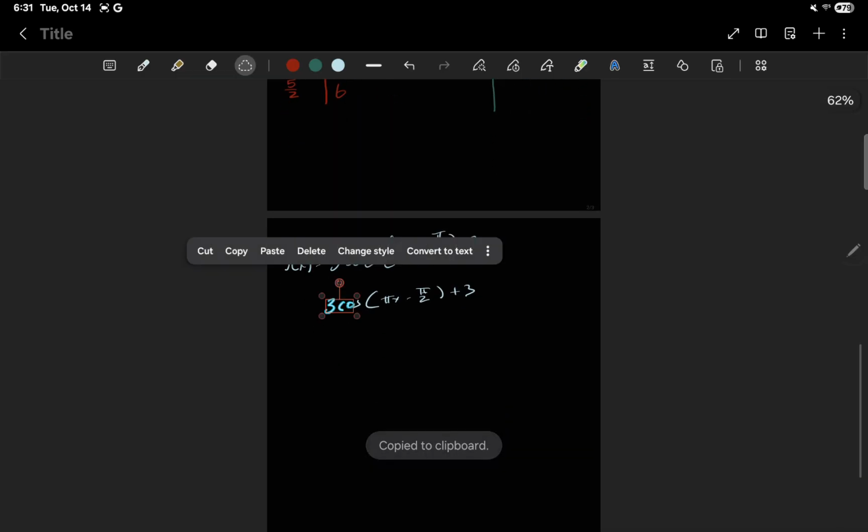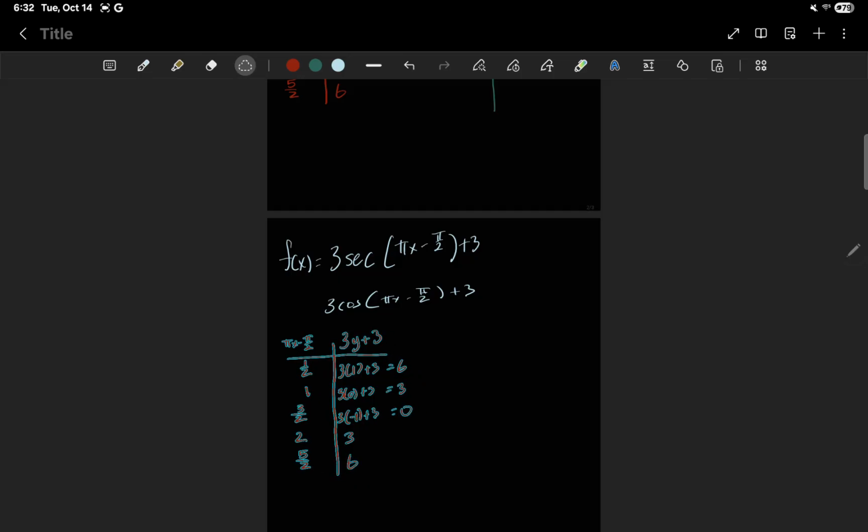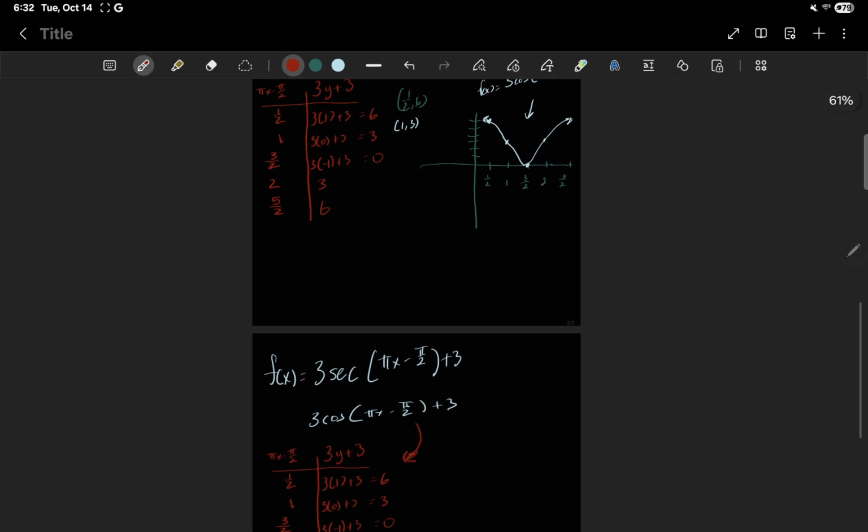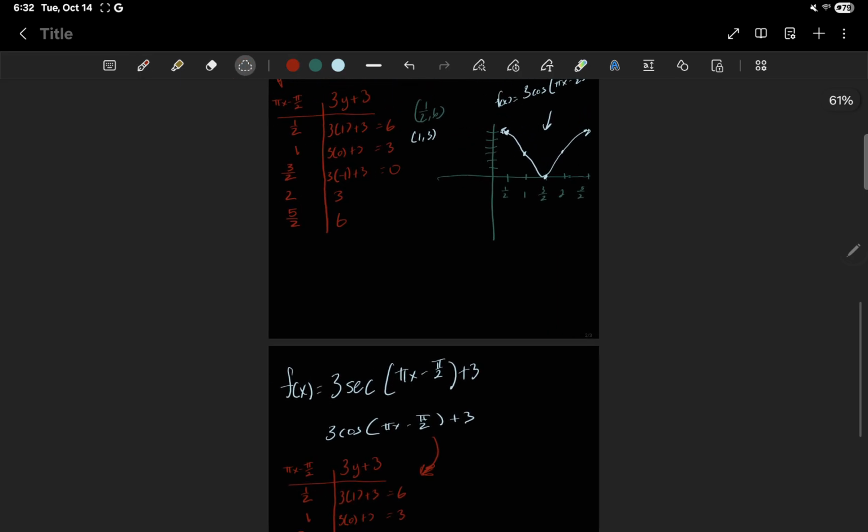Okay. So remember, this one is for cosine. I don't want to delete it. What I should do is put some arrows saying this is for this one. And I'm also going to copy my graph.